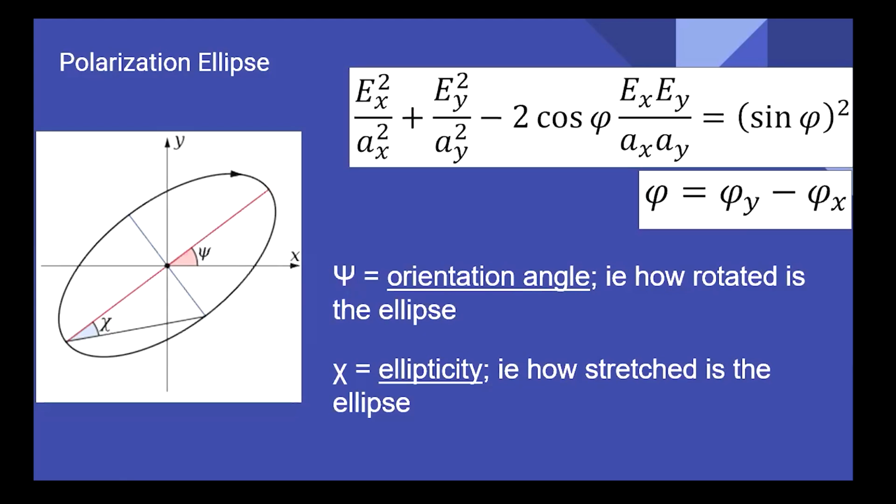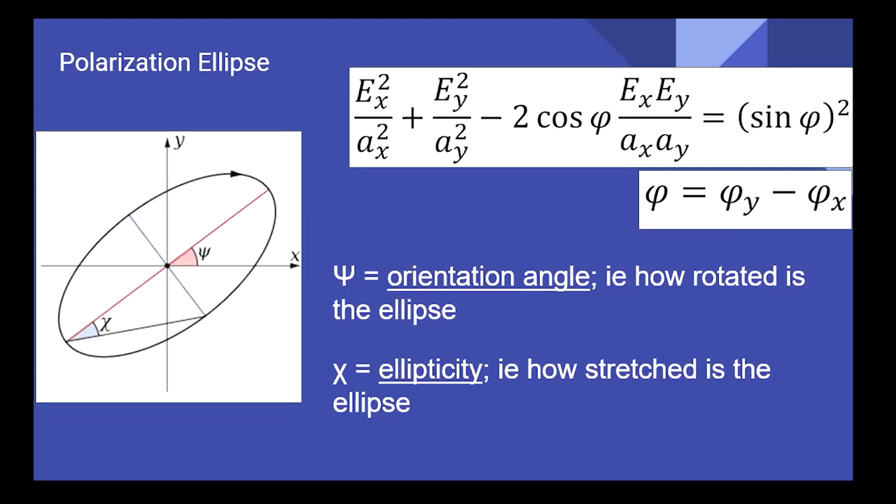If Sheikh is sending me the little wiggles of the rope, I can see what kind of path it traces out. Does it go in a line? Does it make a shape? In general, you can get some kind of ellipse. It's the shape that it traces out as you see it coming towards you. There's an orientation angle, which says how bent or rotated it is, and then there's an ellipticity, how stretched or compressed it is.